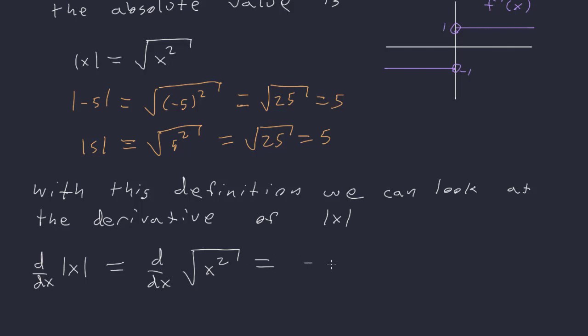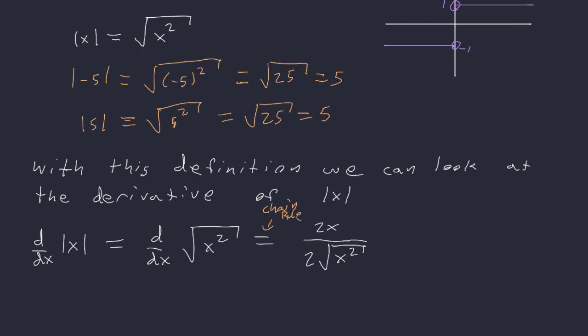So it should be the derivative of the stuff, which is 2x, all over 2 times the square root of the stuff. Here we use the chain rule. Okay, so the 2's cancel, and we get x over the square root of x squared, which is the absolute value of x.